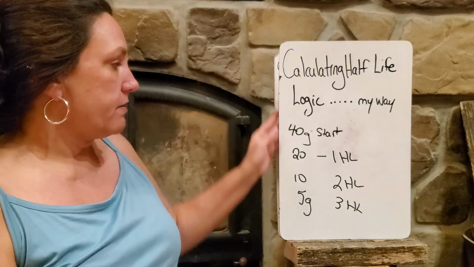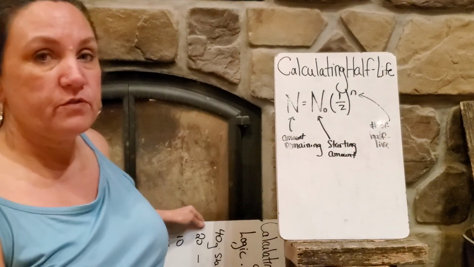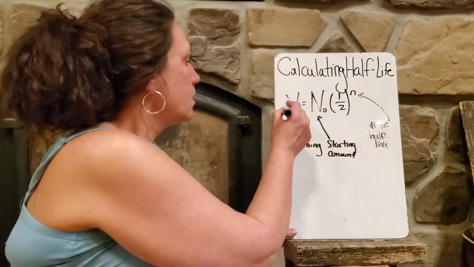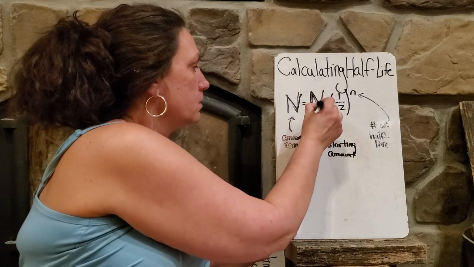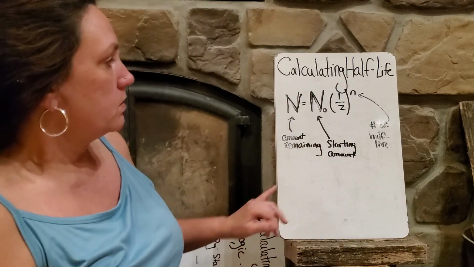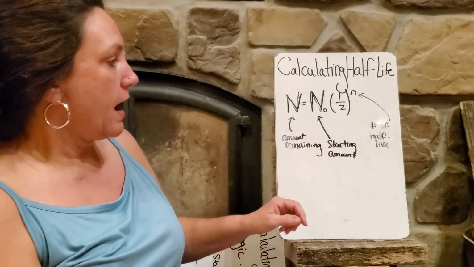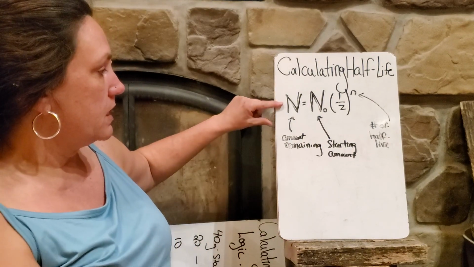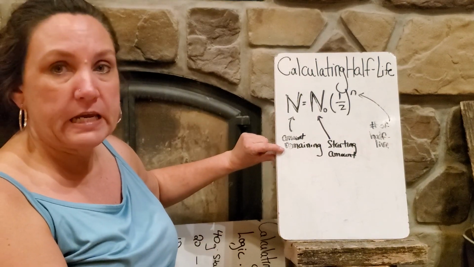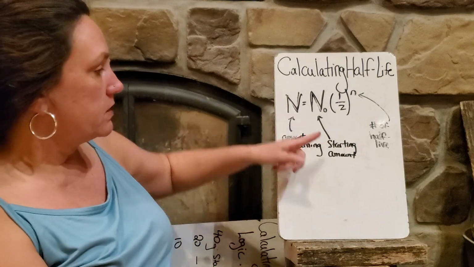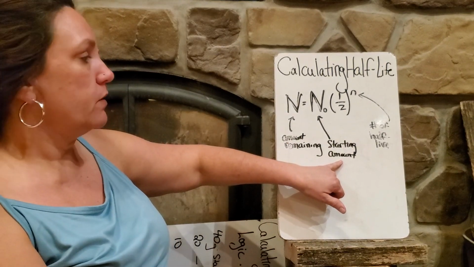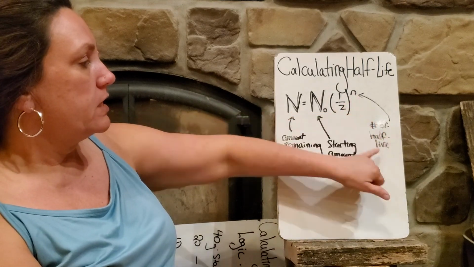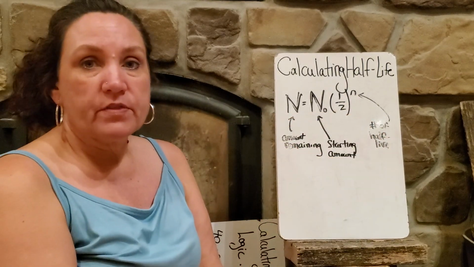There's also a math equation, if you like that better. So N is equal to N0 times 1/2 to the power of n. This capital N here is the amount remaining. N0 was how much you started with, so your original amount. And here the little n is the number of half-lives that you've gone through.